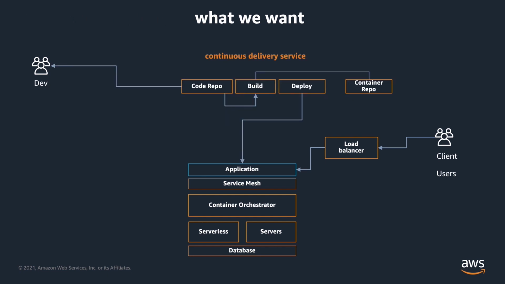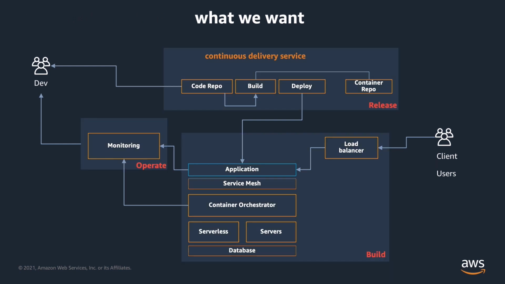You would then need a continuous delivery pipeline for your developers so they can release newer application code seamlessly onto your application setup. And of course, your system needs some kind of monitoring for your metrics, your logs, and your traces, for your operational excellence. So for simplicity, let's categorize them into build, release, and operate functionalities.